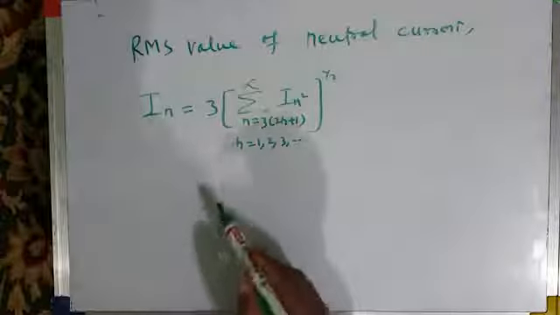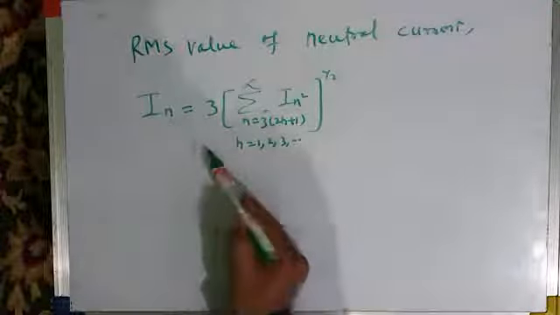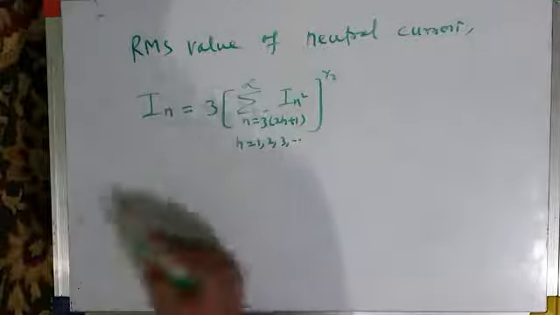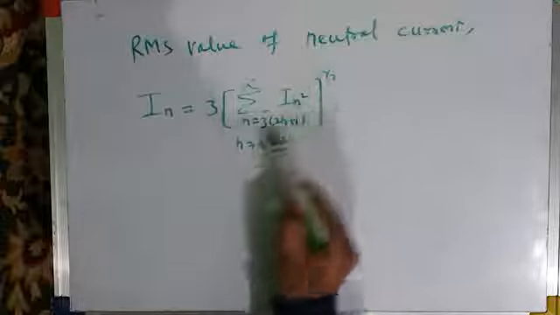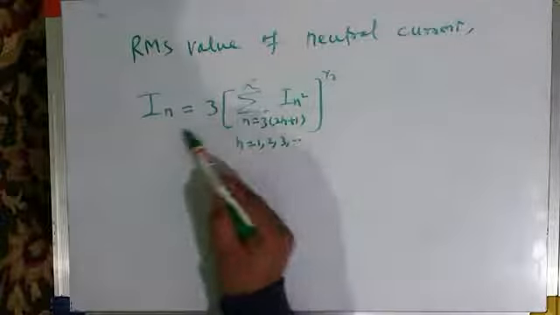The previous equation was the instantaneous value of neutral current, and if you want to find the RMS value, remove root 2, so it is 3 into summation IN square, whole raised to power 1 by 2. This is the definition of RMS value.